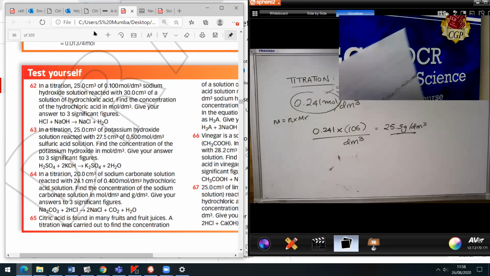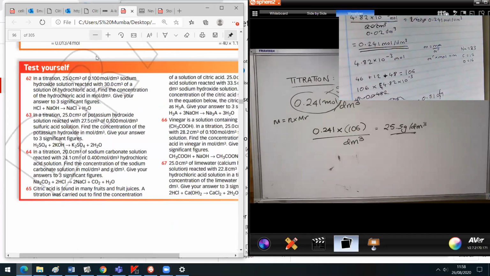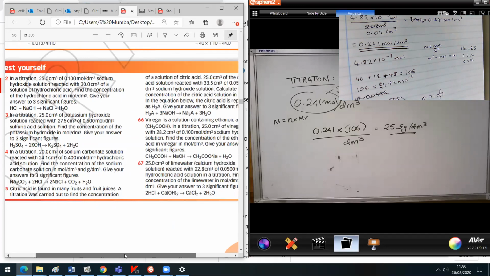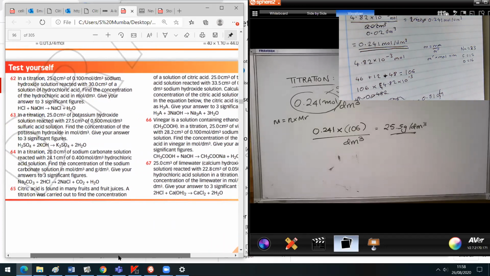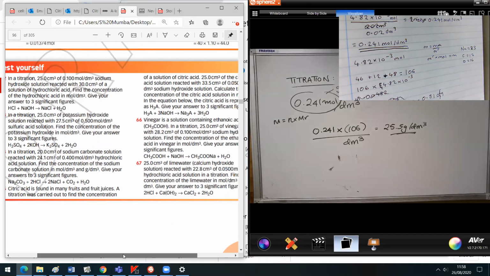Another one for good measure here. I might have to reduce this now. Does that make it hard for you to see? No, it's pretty clear. Number 65, citric acid is found in many fruits and juices. A titration was carried out to find the concentration of a solution of citric acid.